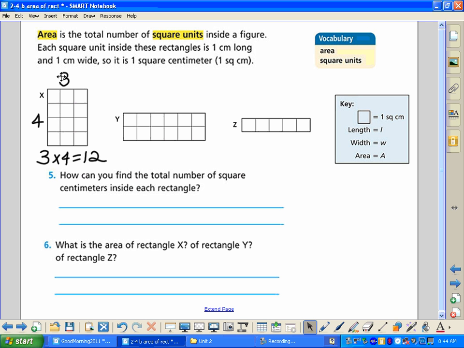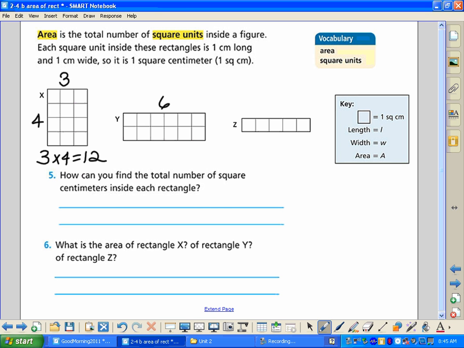It's labeling X. Help me figure out the area of Y. All right, let's look at Y. How many do I have in my row? 6.